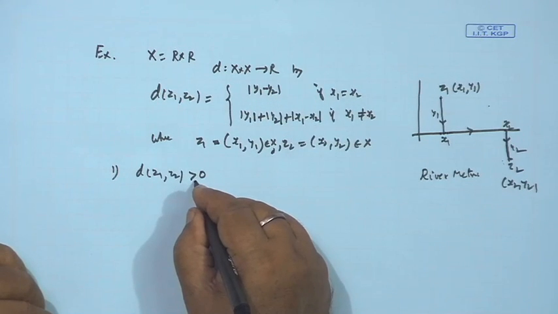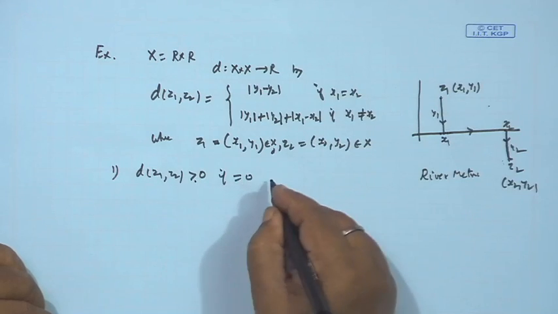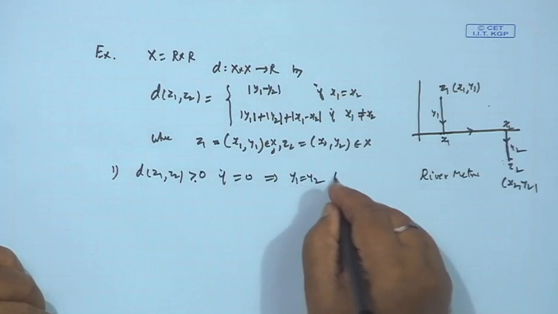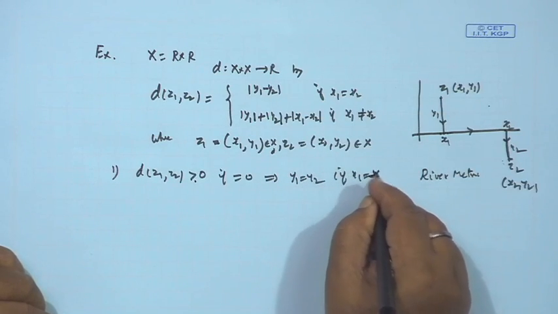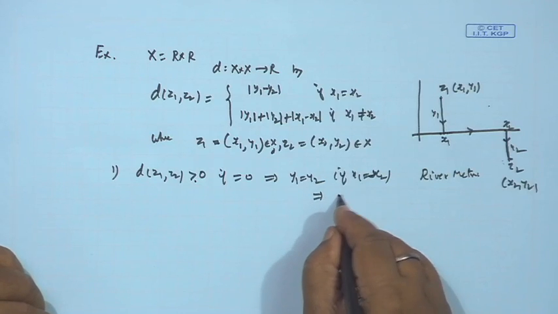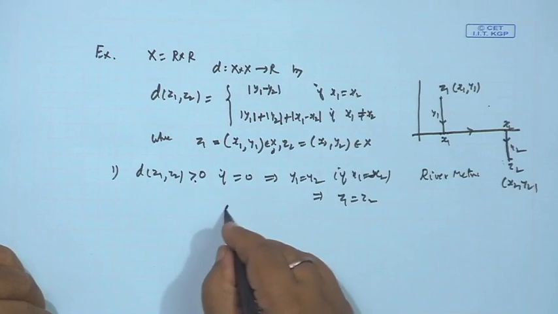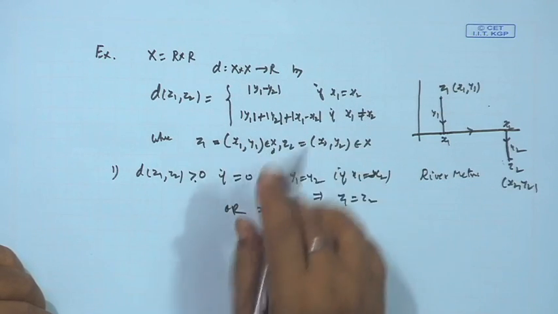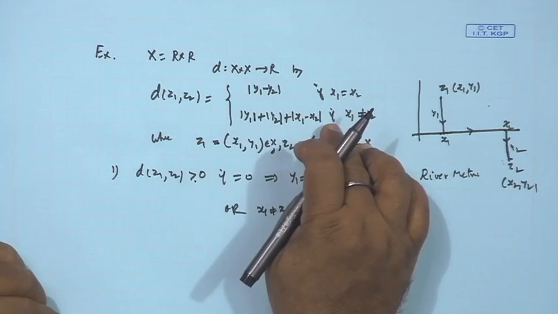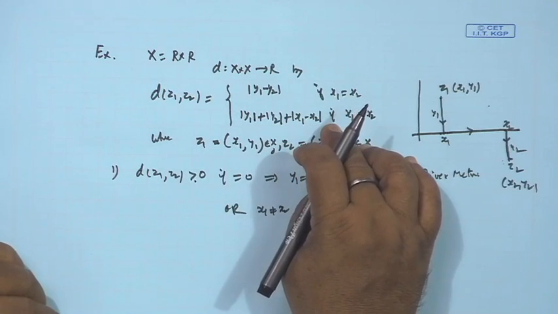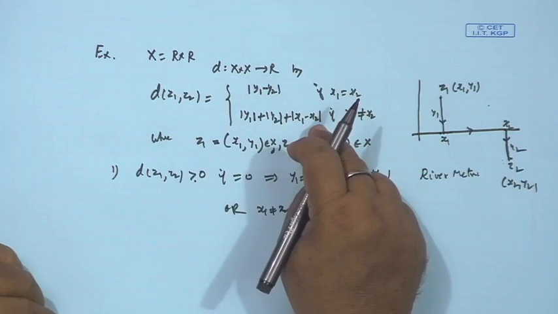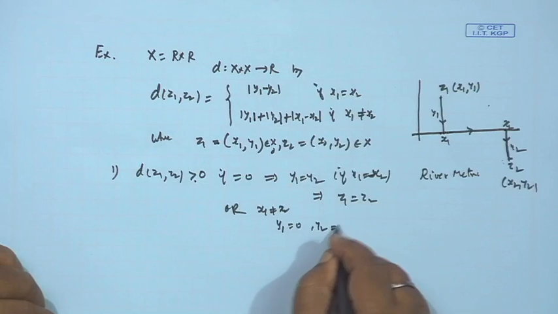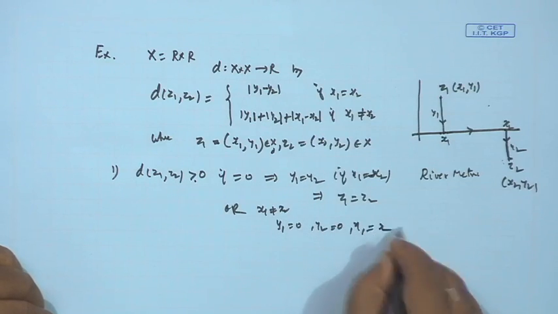If this is 0, then if x1 is equal to x2, y1 will be y2, so z1 equals z2. If x1 is different from x2, then the sum of these terms is 0, which means each individual term must be 0, because they are absolute terms. So y1 is 0, y2 is 0 and x1 is equal to x2.